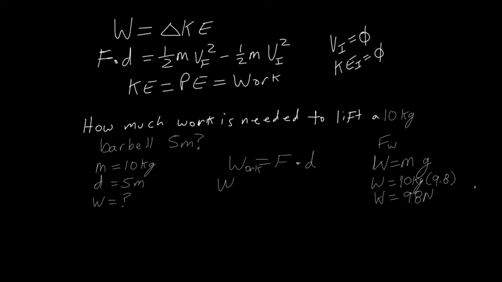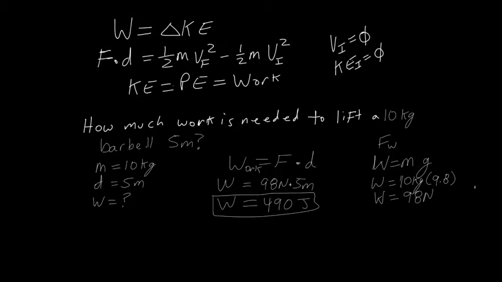So now our work is going to be force of 98 newtons times our distance of 5 meters. So 98 times 5 is 490 joules. Work is in the same units as energy.